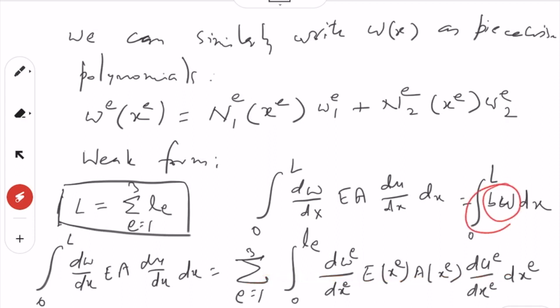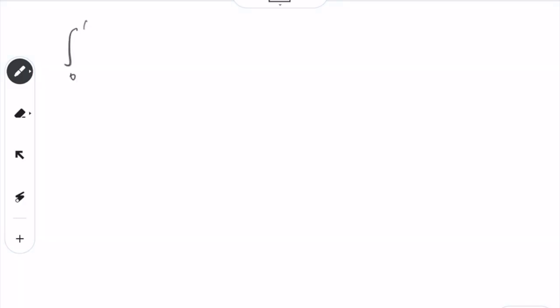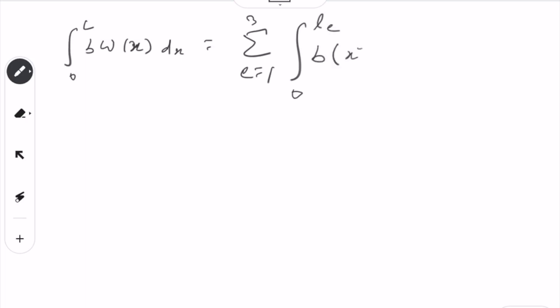Similarly, this also you can write the same way. So, we can write the integral from 0 to L of b w, as a function of x, dx, is equal to the summation of e equal to 1 to 3, in this example there are 3 elements, and then you have the integral from 0 to L e, and b is a function of x e, and also w e as a function of x e, and then dx e.